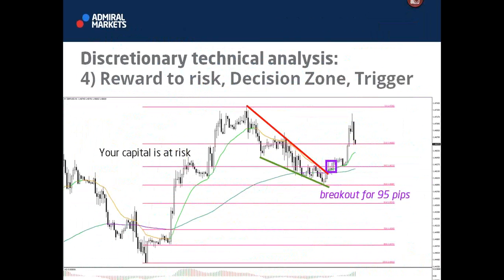I need to wait for price to get to those levels. And once price gets there, what will my trigger be? What would I need to see for price to make it interesting for me? It could be engulfing candles. It could be a price action candlestick pattern, for instance, that entices me to take that trade. And what kind of reward to risk do I have once I enter that trade?